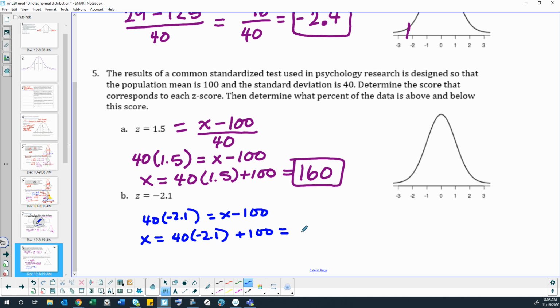Negative 184. Okay. Is that really what it's going to turn out to be, or did I do something wrong? Let's see what my paper says. So my paper says 16.